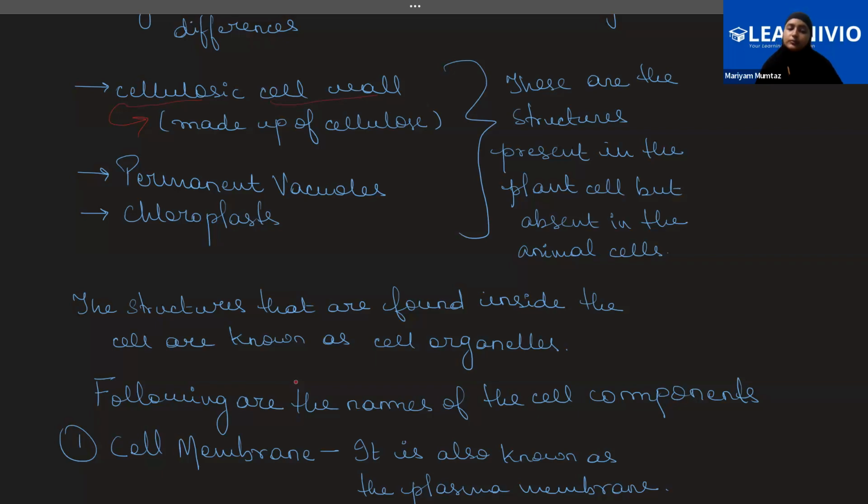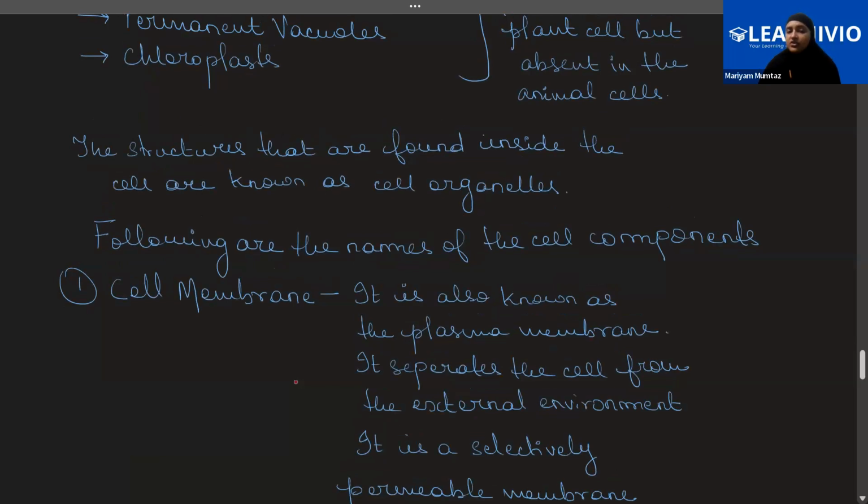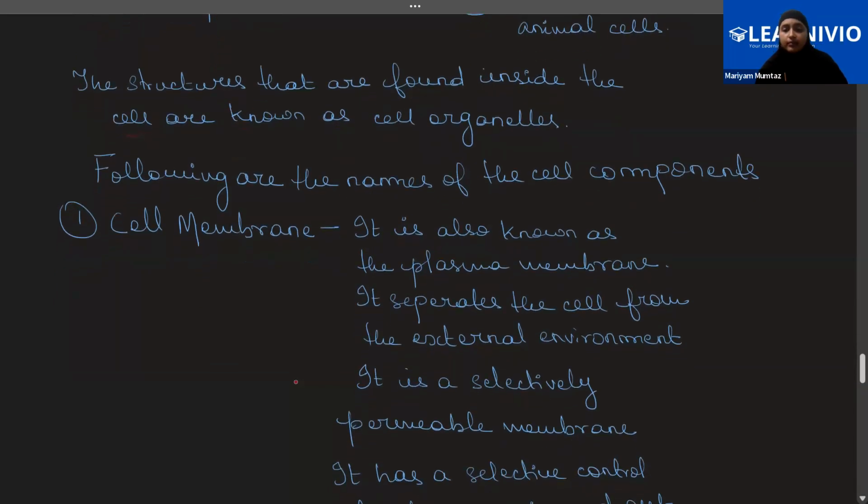Clear? Okay. Now moving forward, the structures that are found inside the cell are known as cell organelles. The tiny structures that are found inside the cell, we'll call them cell organelles. Now, let's see what are the names of the cell components.